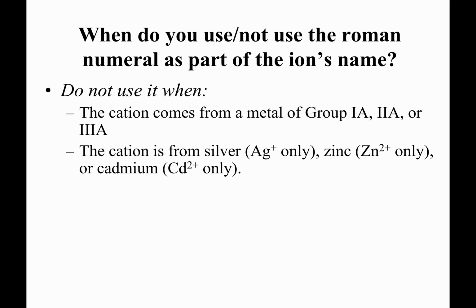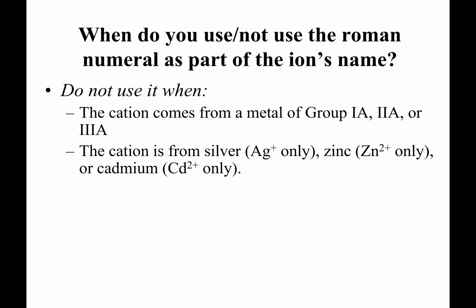Okay, cool, very good. So what I tell people, and this is the way it's done: people want to use Roman numerals for all of the metals, but notice this says, when do you not use Roman numerals?